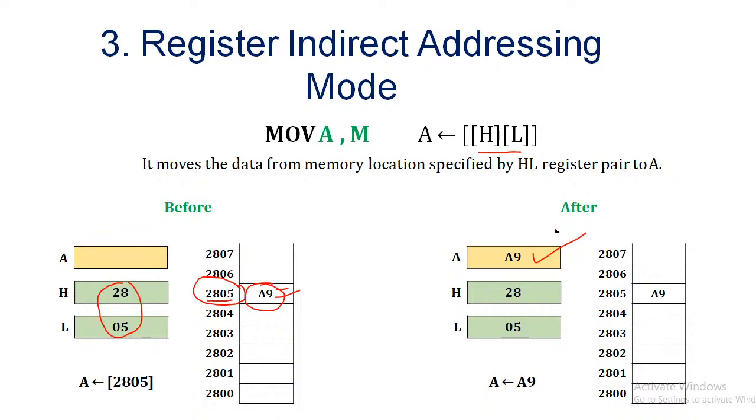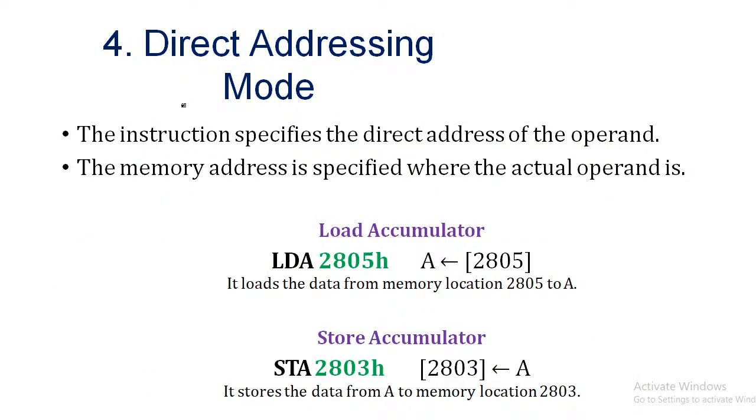This is another example. I have not given a direct register address, I have given the memory address, but this memory address is pointing to one location, that is the HL pair if you consider, and that address is containing the operand. Now in the direct addressing mode, we can find LDA, load accumulator, or STA, store accumulator.